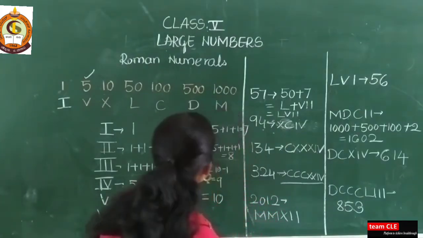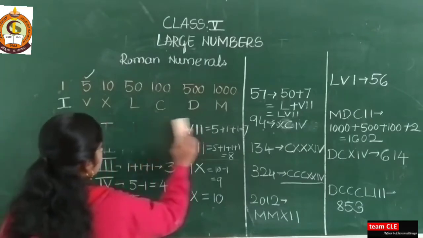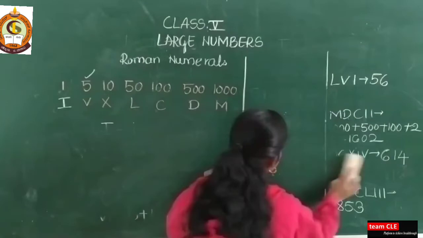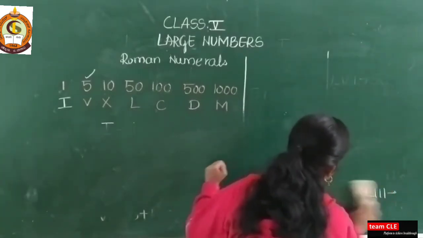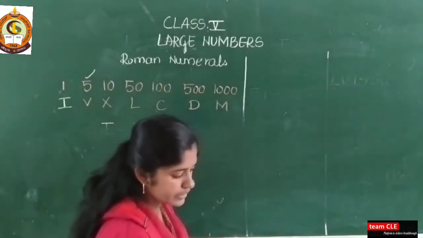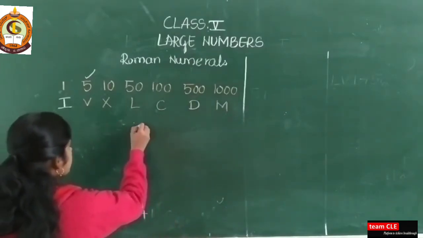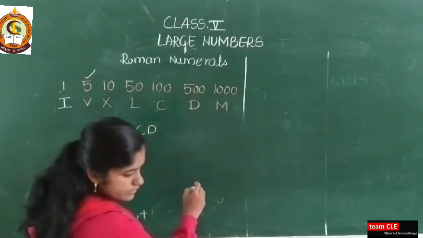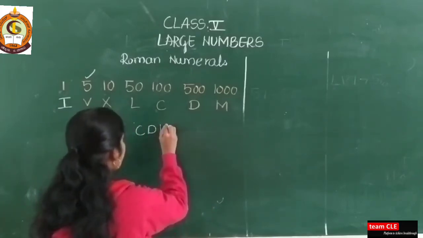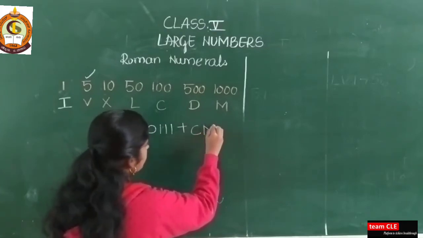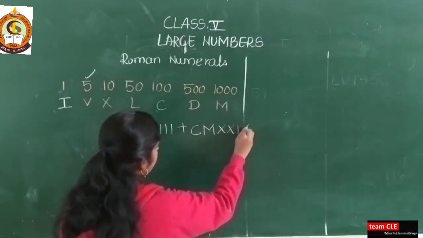So here some more examples are there. See here, third main. Third main, what is there? Solve the following. So I will take here one example, and that is CDIII plus CMXXIX.